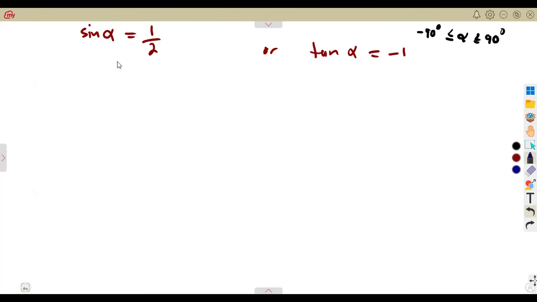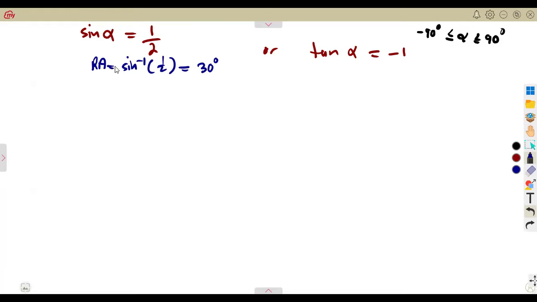We're going to determine the reference angle, then we opt for the quadrants where we are going to have these as negative or as positive values. Okay, so let's consider the reference angle for the first one. The reference angle is going to be arc sine. This is sine, so it's going to be arc sine of 1/2, which is going to be 30 degrees.